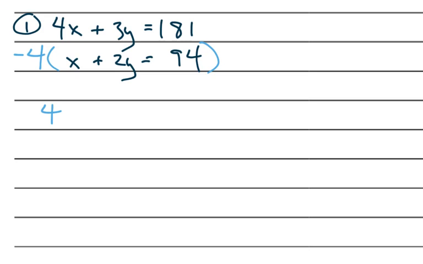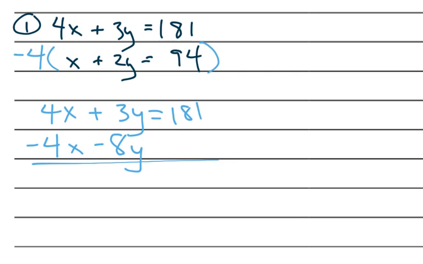So then when I set up and stack my first equation on top of my changed second equation, so there's negative 4x minus 8y, and then if you ever needed to do something off to the side because you didn't have a calculator, it's best to write it here.